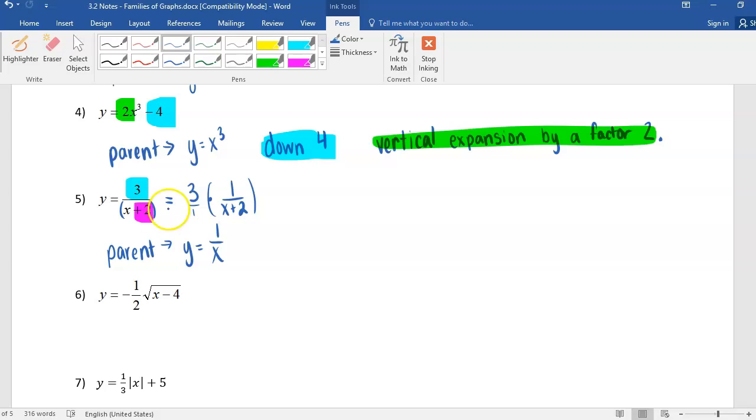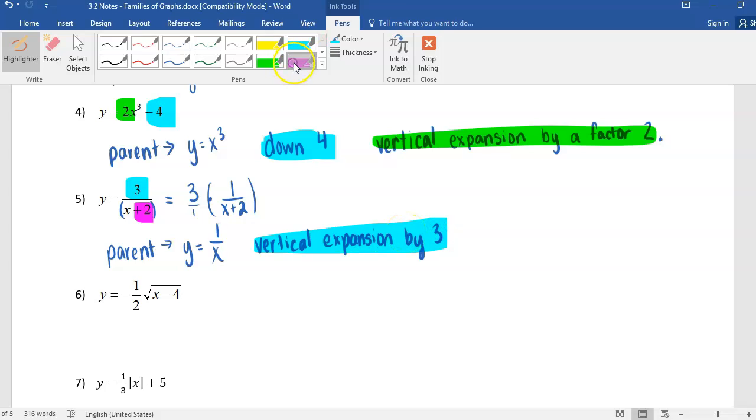So, Patrick, tell me something that happens to this graph. Very good. Vertical expansion by a factor of 3. There. And then, Audrey, what about the plus 2?